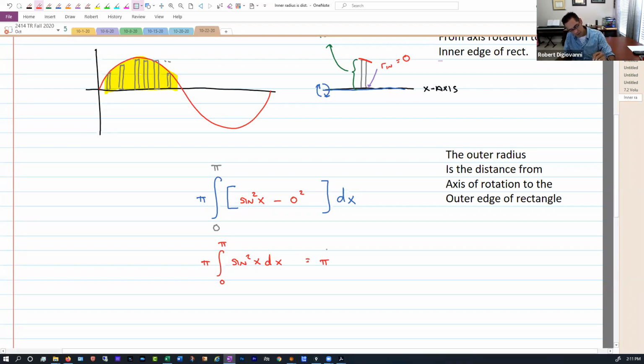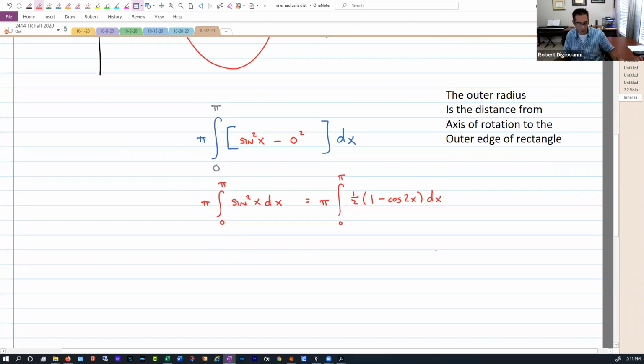I'm going to take this one the whole way. Integral from 0 to pi. I bring out a half and then 1 minus cosine 2x dx. Bring the 1/2 out. Integral 0 to pi of 1 minus cosine 2x.